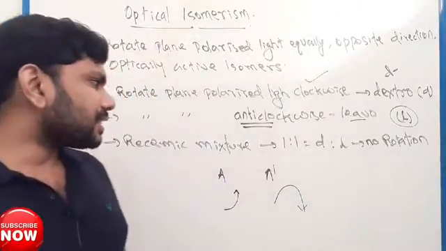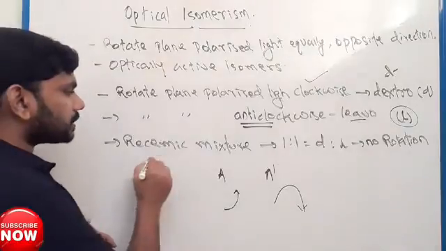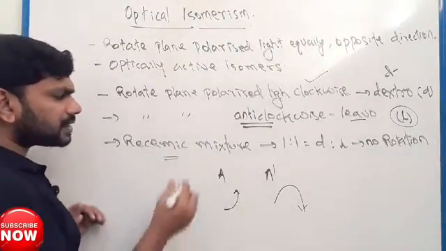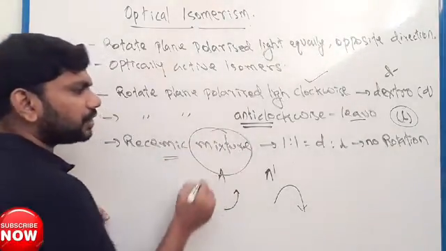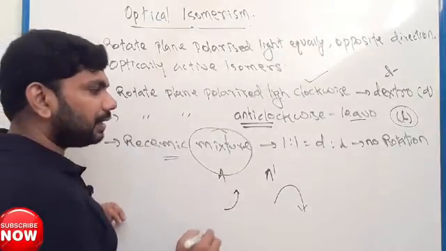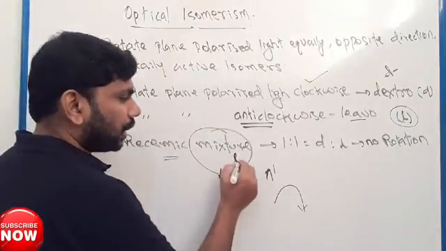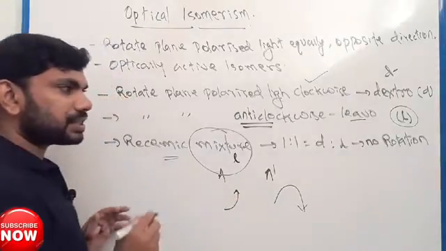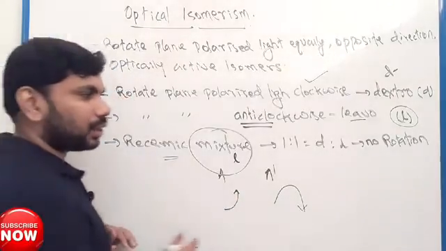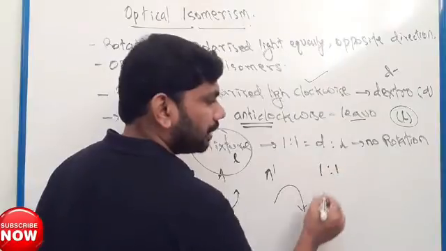Next we have to discuss the racemic mixture. A racemic mixture means a mixture which contains dextro and levorotatory substances in equal extent, 1:1 ratio.